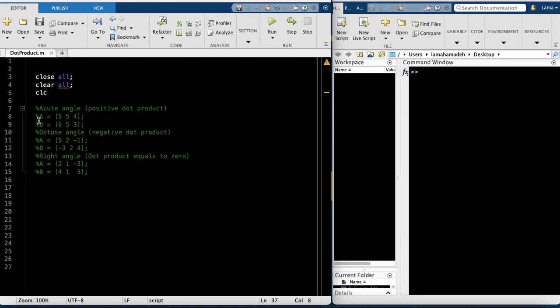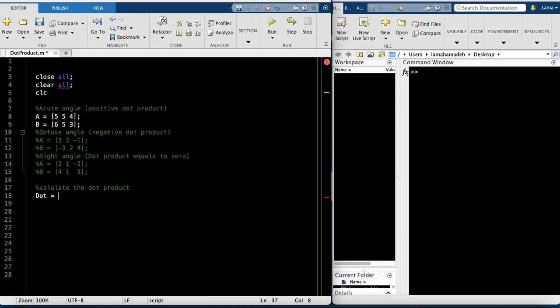As you can see here, I have 3 pairs of vectors, and we are going to check the dot product and the angles between these 3 pairs. So let's uncomment the first pair. I have A and B here. And let's first calculate the dot product. I'll say dot equals to.